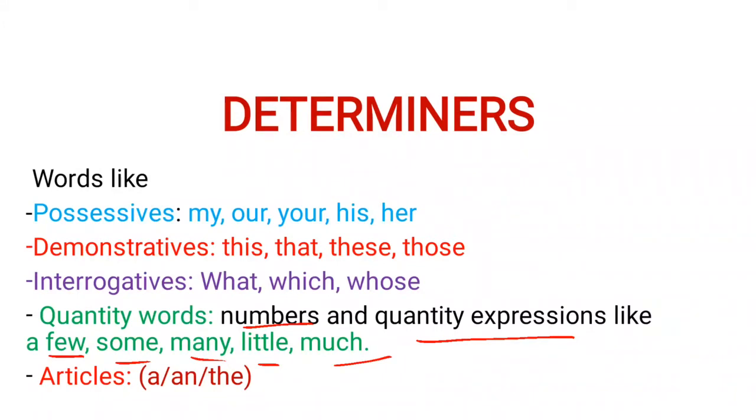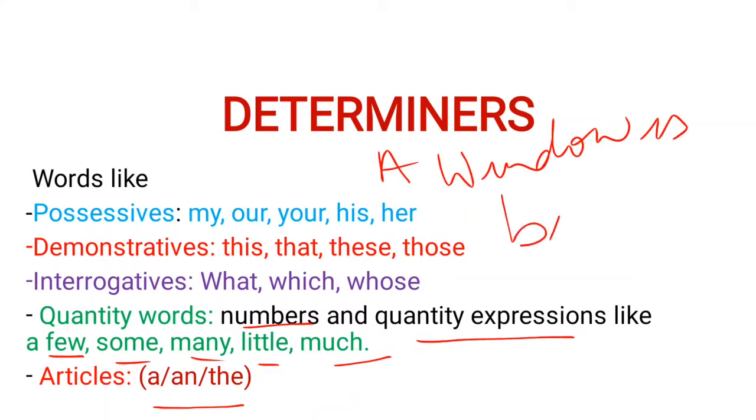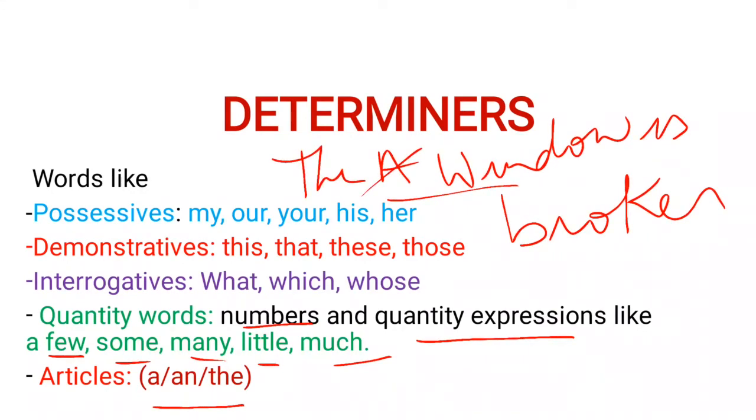And finally, the articles a, an, and the are also considered adjectives, because if I say a window is broken, let me write it here. A window is broken. Here, I have not specified the window. It can be any window. But when I say the window is broken, here I'm talking about a specific window.